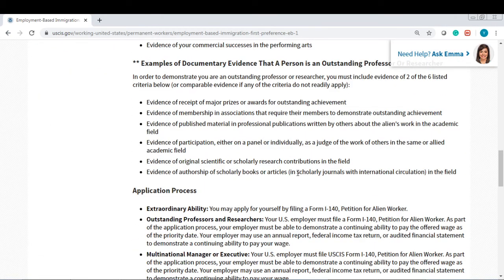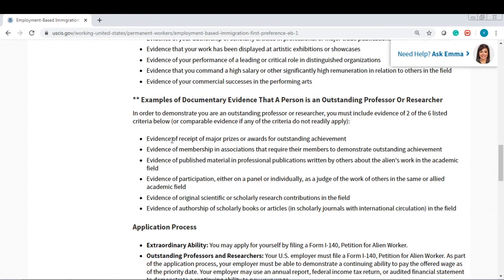Okay, the six criteria. Evidence of a major prize or award for outstanding achievement, membership in an association that requires its members to demonstrate outstanding achievement, published materials, acting as a judge of the work of others academically, as a panel, original scientific or scholarly research contributions in your publications, and authorship of scholarly books and articles.